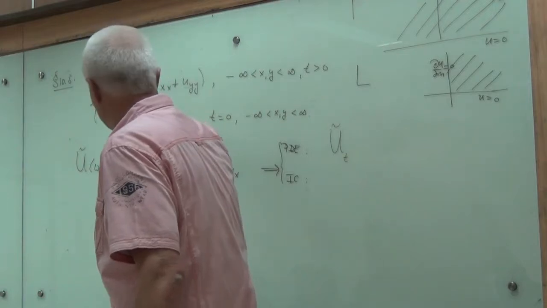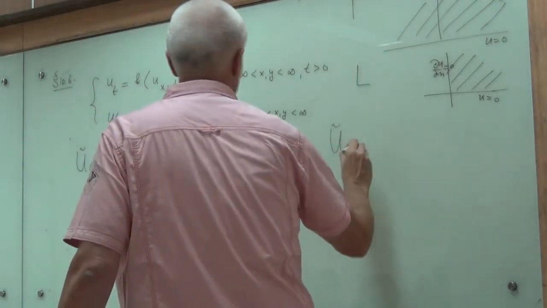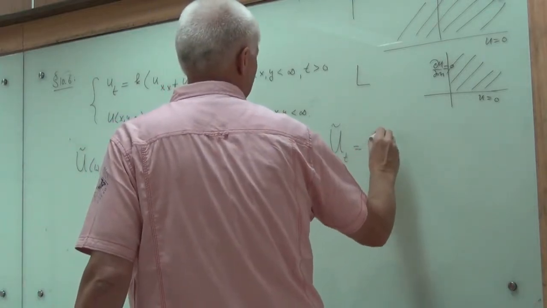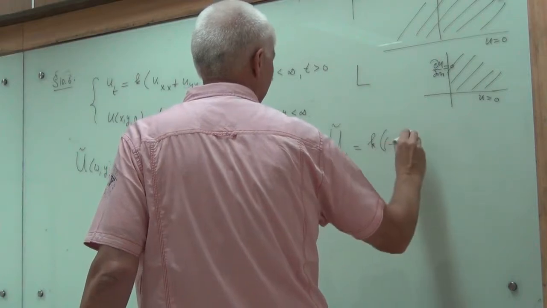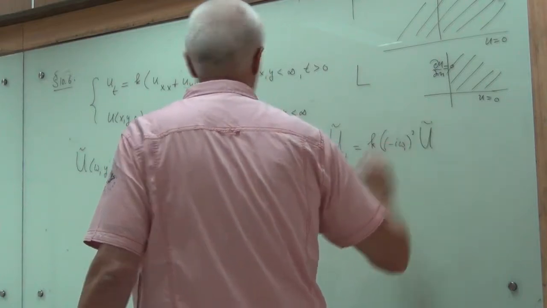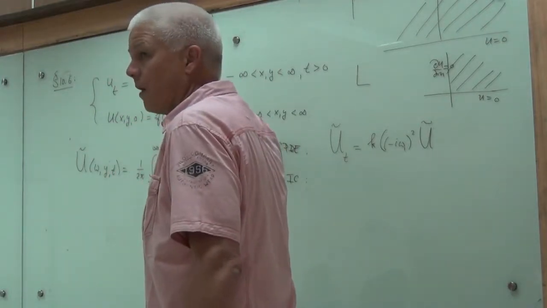K times the second order derivative with respect to x, I Fourier transform with respect to x, so I will get over there k times minus i omega 1 squared u. And here I have the derivative with respect to y.